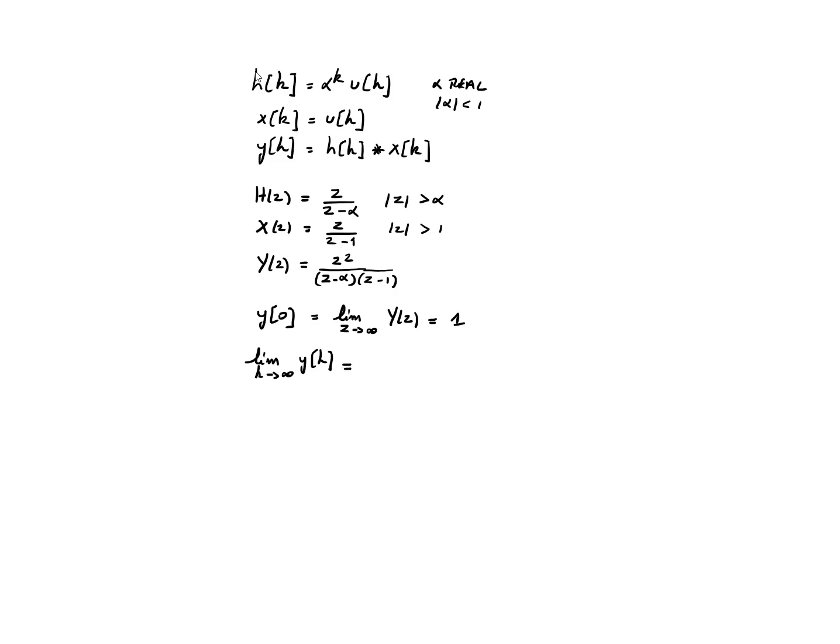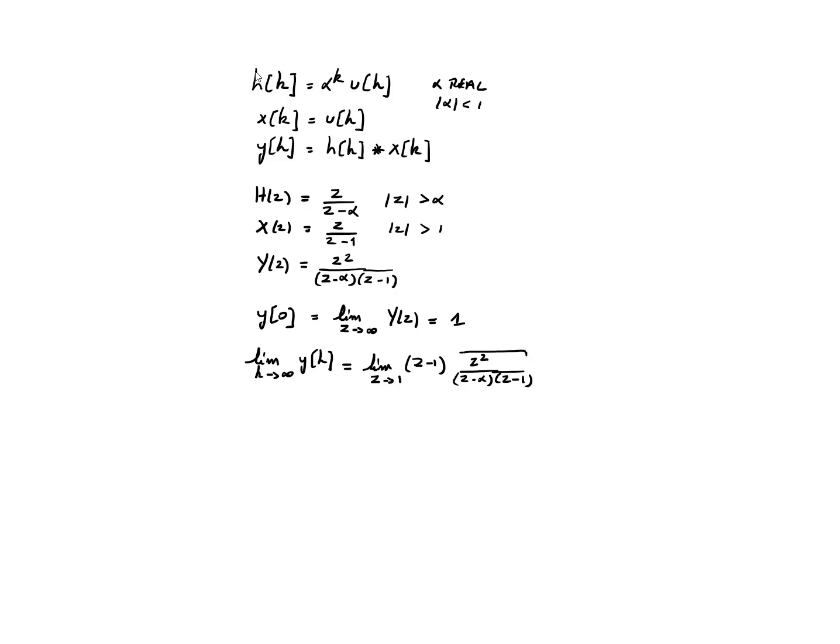So let us use the final value theorem. So the limit as z tends to 1 of (z minus 1) Y(z), so this is z squared over (z minus alpha)(z minus 1).